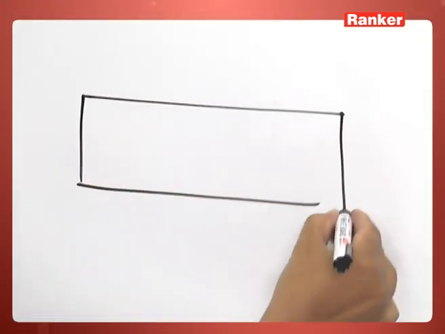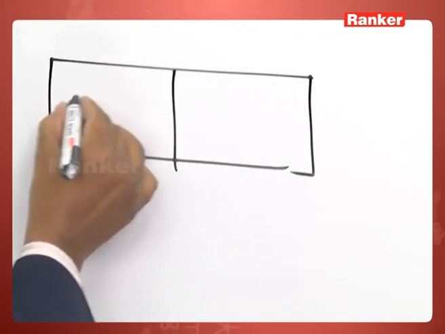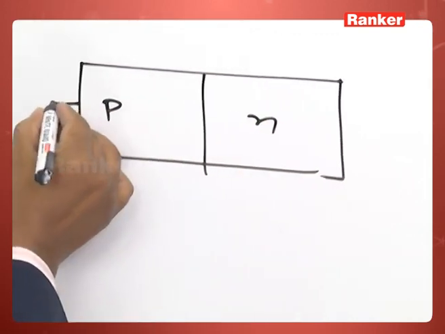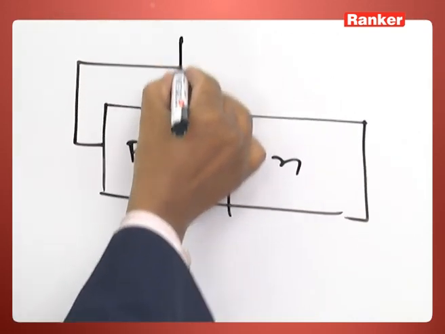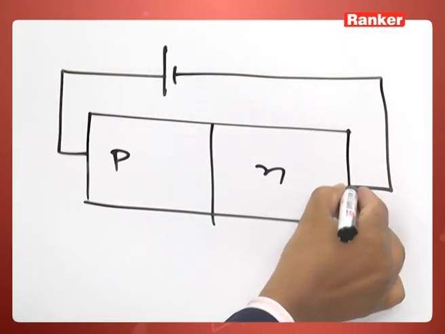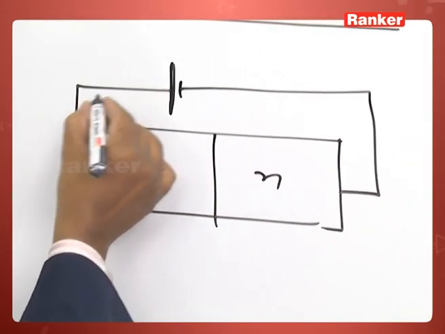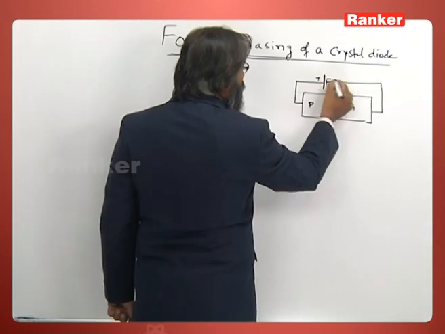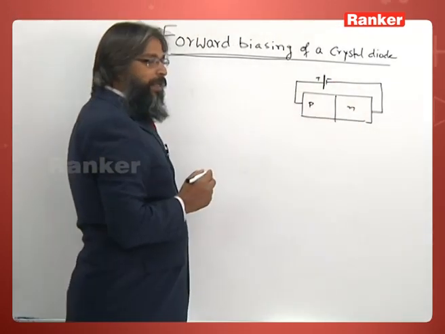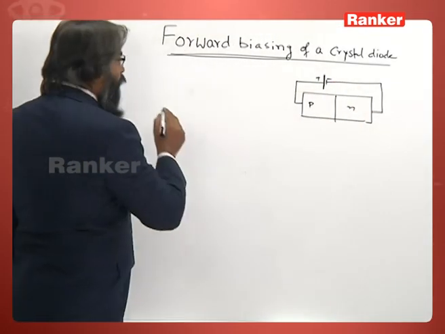This is our crystal diode, this is the junction, P type and N type. When I connect the positive terminal of the cell to P type and the negative to N type, it becomes forward biased.